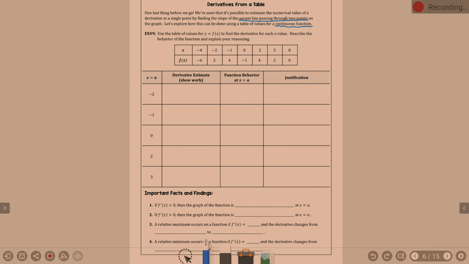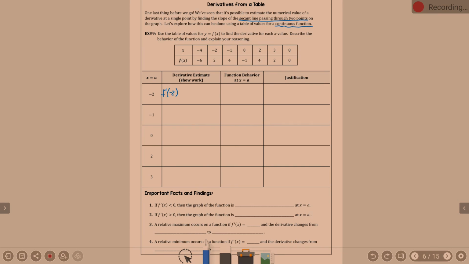So, we are being asked to find the derivative estimate when x equals -2. So we're trying to find f prime of -2 when we have this table of values. It's not like we can draw a tangent line and estimate on that. Notice it talked about using the secant line.